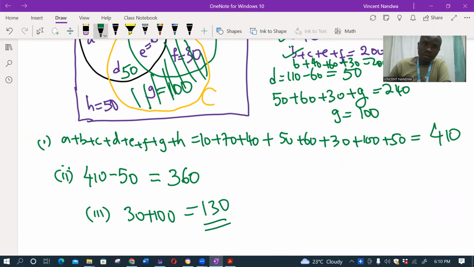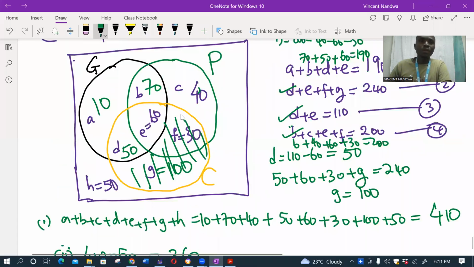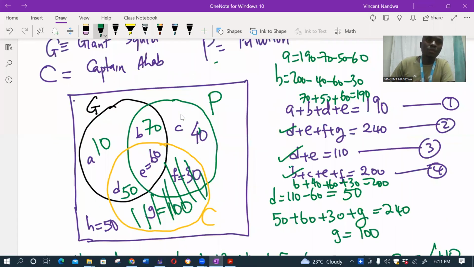And then how many dislike giant squids or pollution? So G or P means you are in A, which is 10, or B, 70, or C, 40, or D, 50, or E, 60, or F, 30.